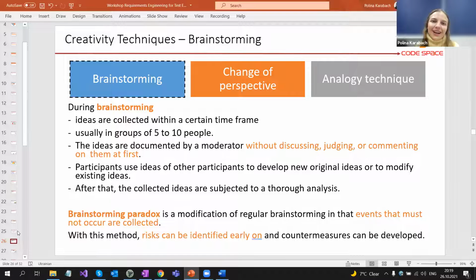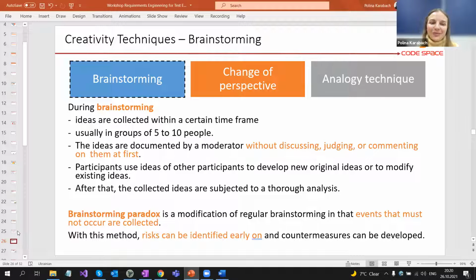There's another approach to brainstorming, which is brainstorming paradox. It's a modification of the brainstorming that we know, that is mostly used. Here we are thinking about the scenarios that must not occur. So which situations should not happen?